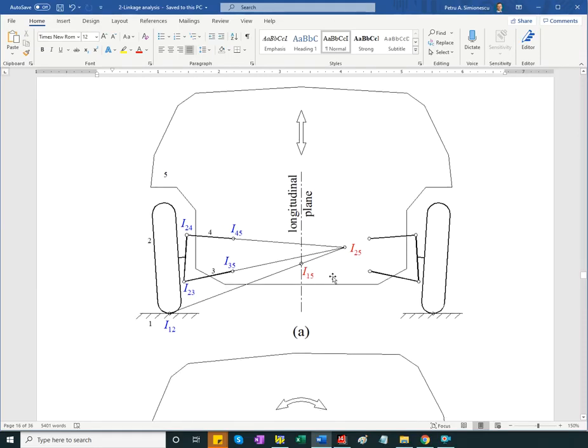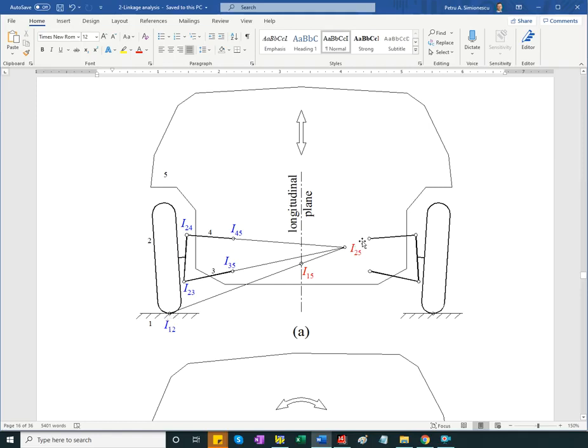So let's see first how we can get the instant center. I said that the contact point between the tire and the road is assumed to be a pin joint. And then you can see some Kennedy lines that have been drawn. This yields an instant center between the wheel and the chassis. And then you connect the Kennedy line again.